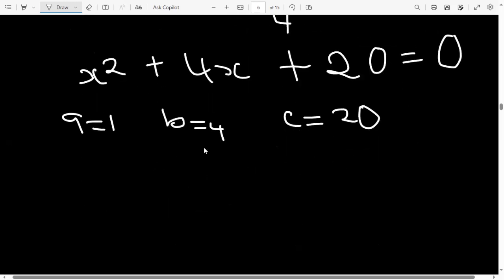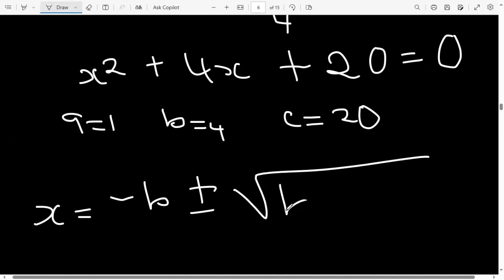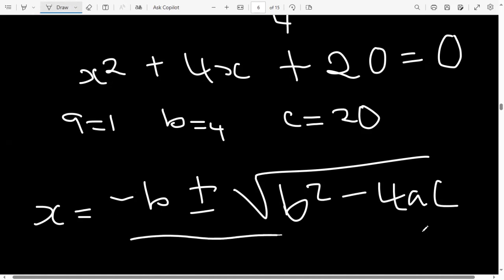Okay, so from here we can apply the quadratic formula, which is x equals minus b, plus or minus the root of b squared minus 4ac, divided by 2a. I had forgotten the quadratic formula.